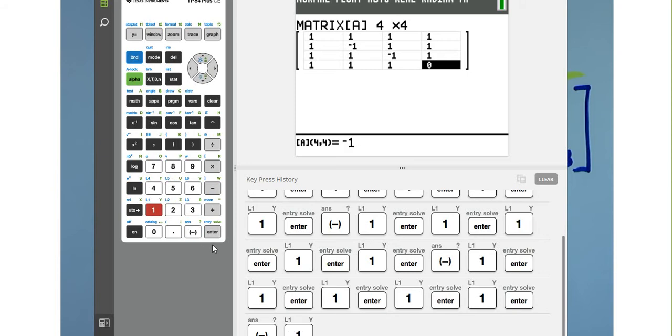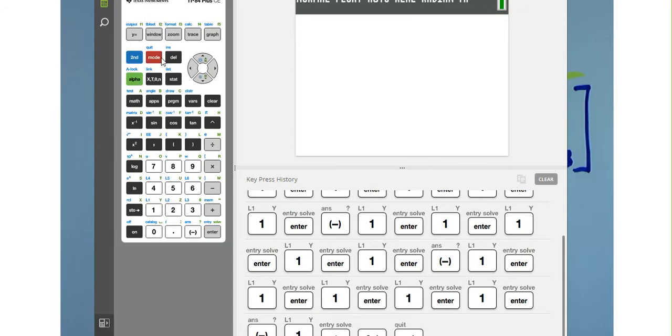So a little bit of a pain there, but not too bad. When you're done, hit the second key, then the mode key to exit out of there. You want to quit that.